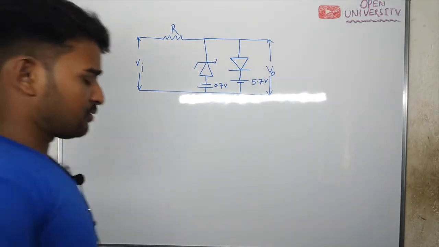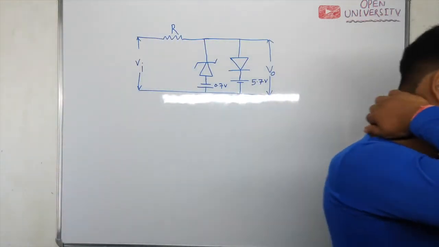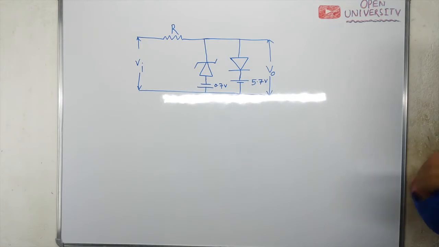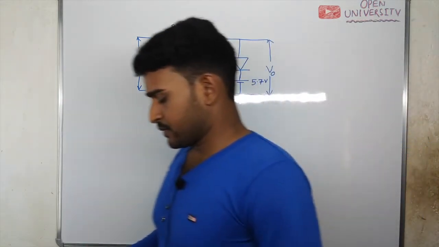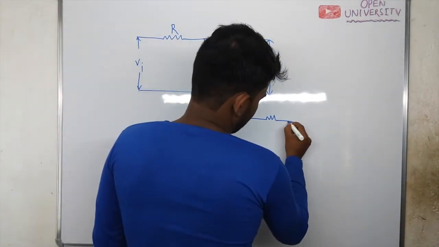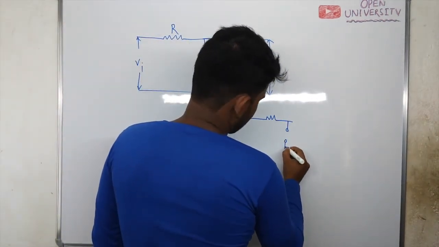The question is about to plot the transfer characteristics. Now, you first do an open circuit test. First do an open circuit test by assuming diodes are off.